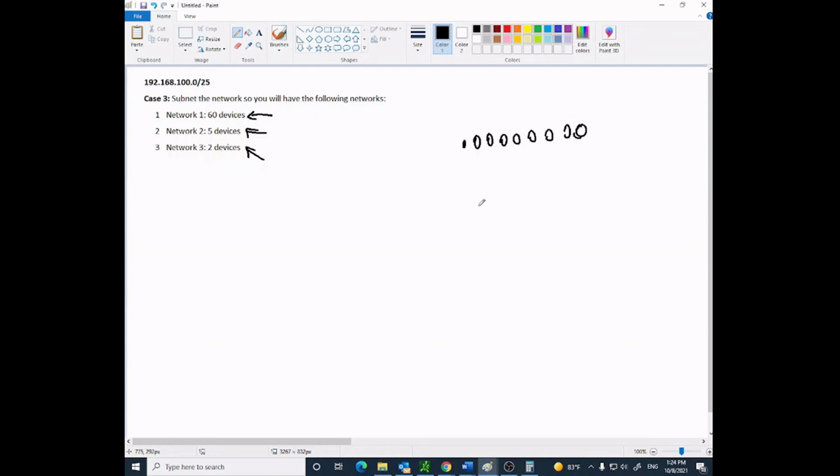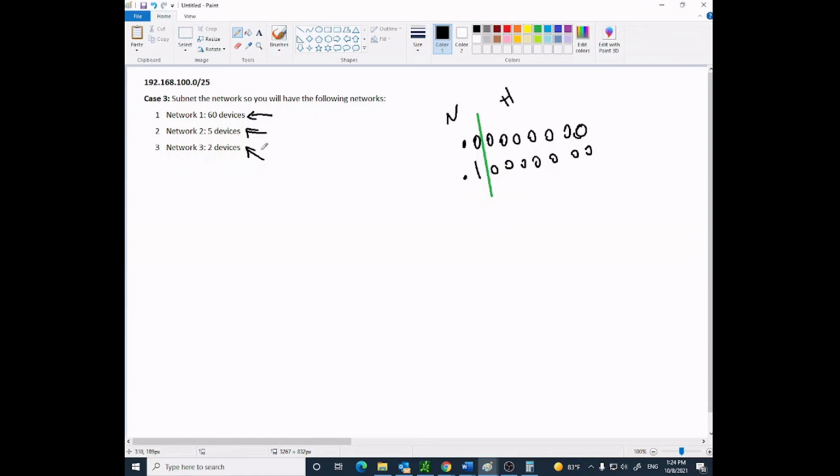And for the subnet mask, we have 1, and then 0, 0, 0, 0, 0, 0, 0. Now, as you know, we have the same line that we used before to separate the network portion from the host portion. This is the network portion, and this is the host portion.